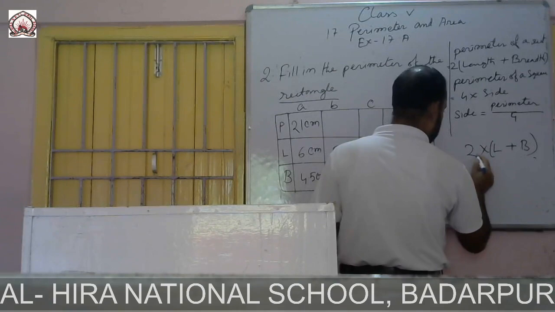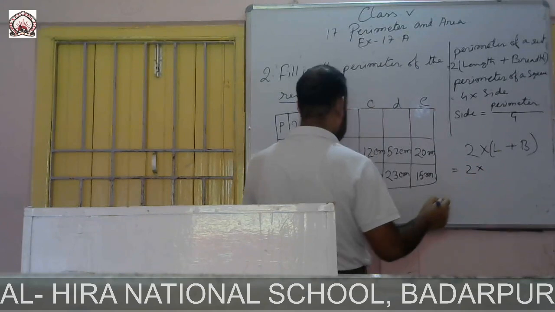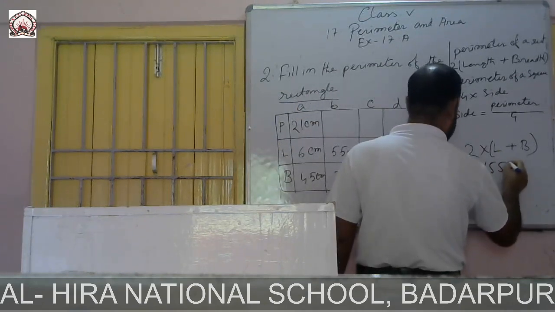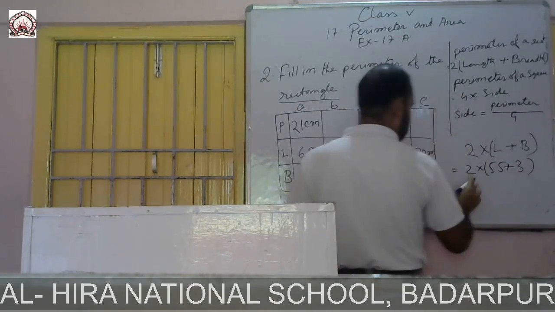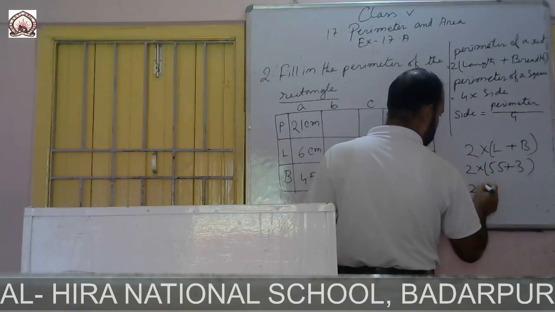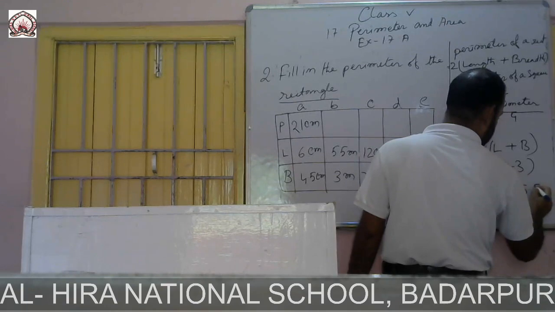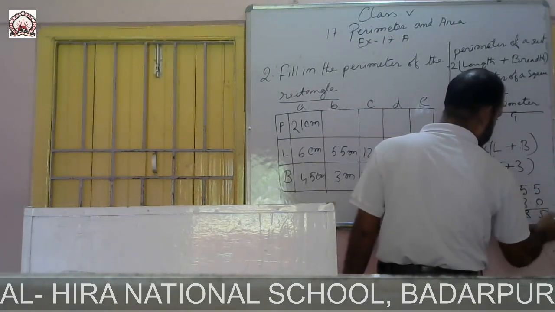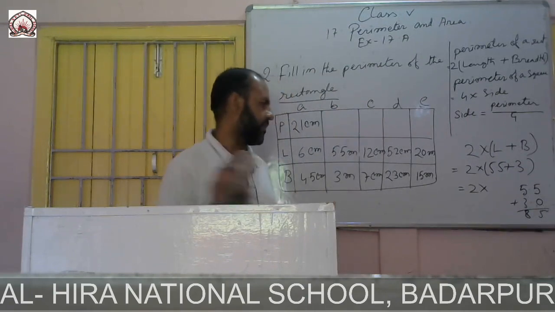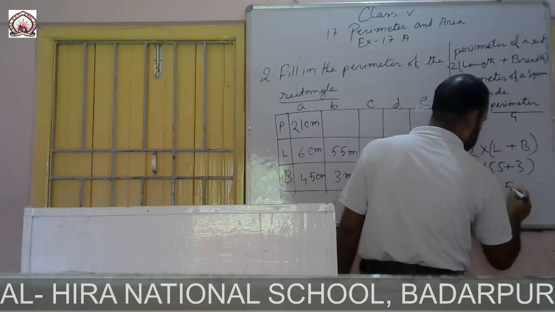So formula is there, 2 into 5.5 plus 3. Now 2 into 5.5 plus 3 is equal to 8.5.